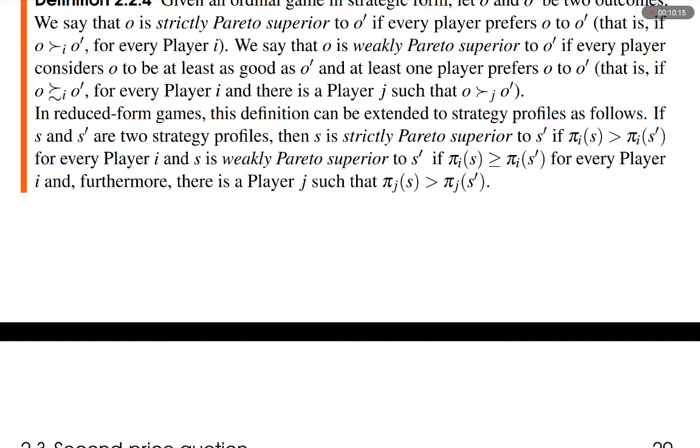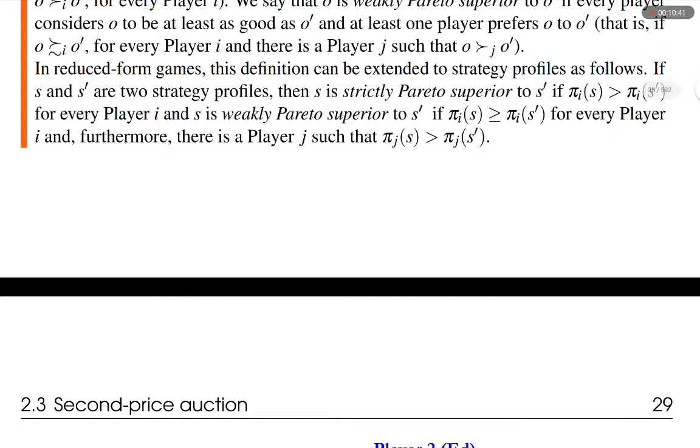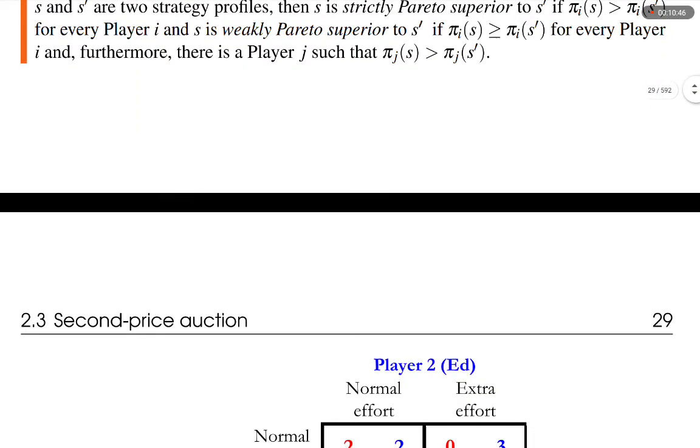If S and S prime are two strategy profiles, then S is strictly Pareto superior to S prime if pi sub i of S is greater than pi sub i of S prime for every player i, and S is weakly Pareto superior to S prime if pi sub i of S is greater than or equal to pi sub i of S prime for every player i, and furthermore, there is a player j such that pi sub j of S is greater than pi sub j of S prime.